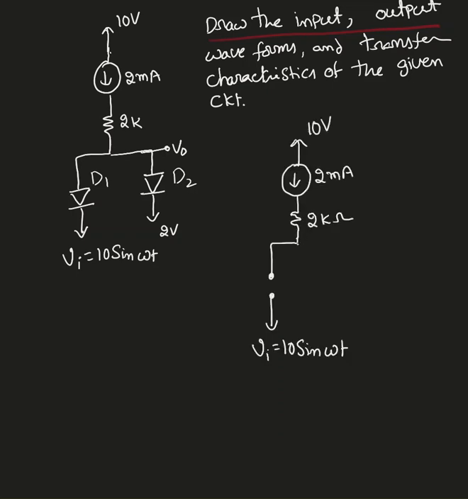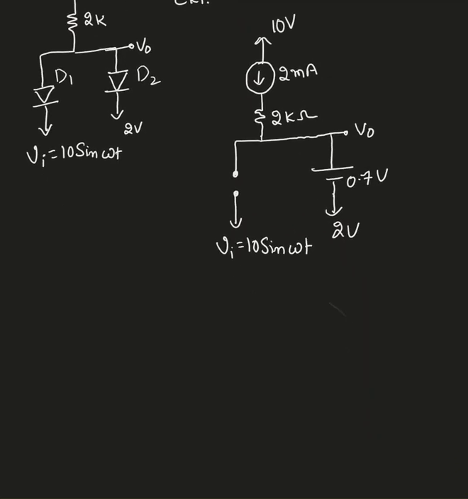Here I'm assuming a constant voltage drop model, which means there is a 0.7 volts drop across the diode. So I'm assuming this diode is closed and the other diode is open. Now I can clearly see the voltage at V0 in this case.